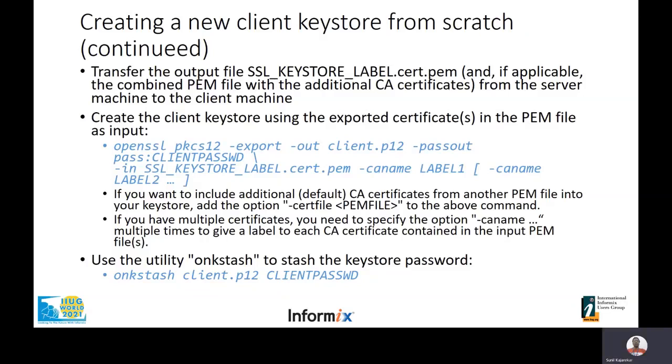I'll do it by using the command openssl pkcs12 -export -out client.p12, that's the name of my key store, -passout pass:clientpassword, that's my client password, -in SSL_keystore_label.cert.pem, -CAname label1 -CAname label2 -CAname label3, etc., if I have multiple CA certificates.